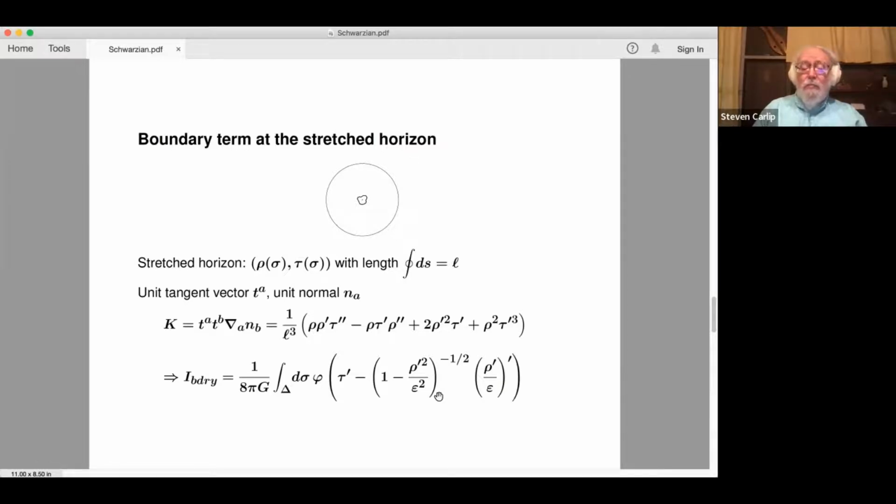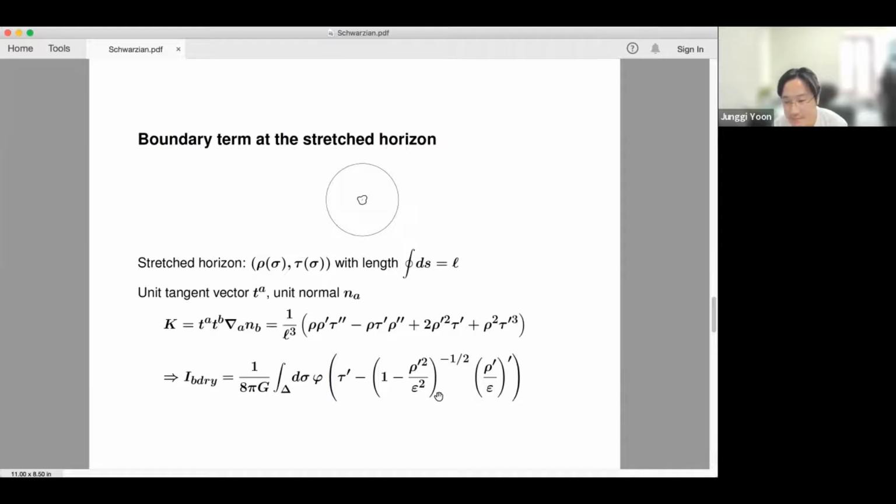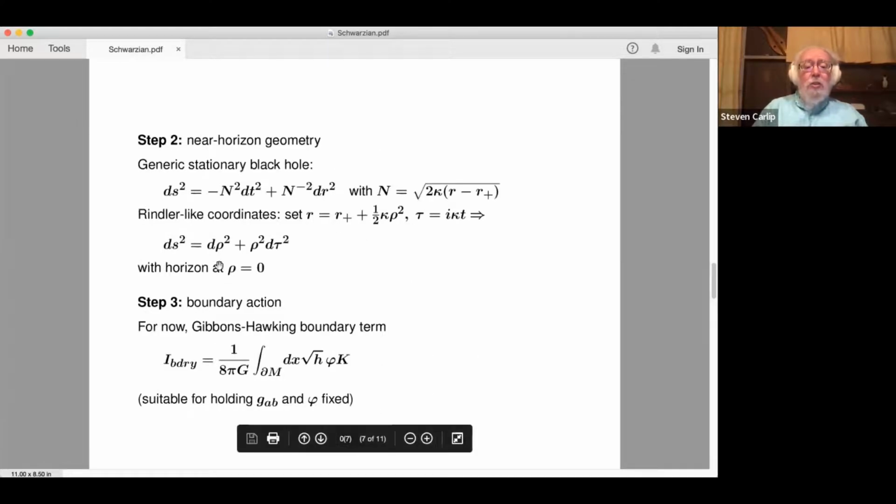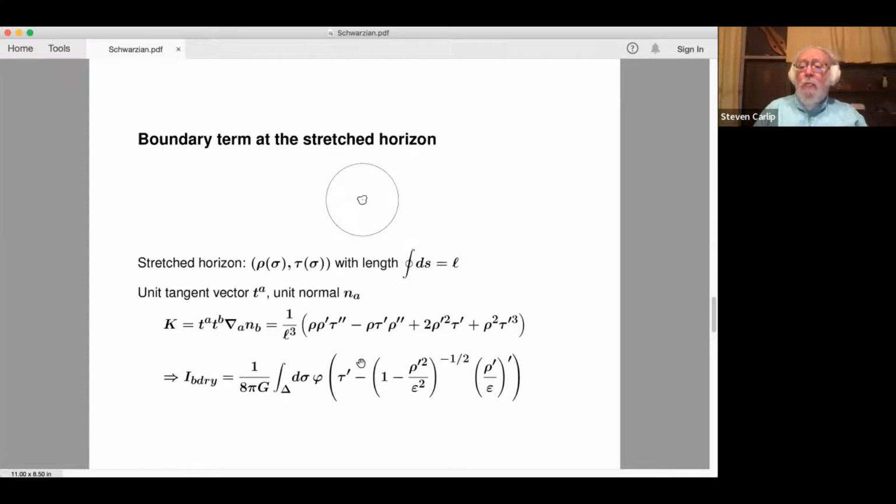Okay, thank you. So for the boundary term, there are two ways of thinking about it. One is that if you look at the behavior of the action with this flat metric and with the Gibbons-Hawking boundary term, the metric is not well defined at rho equals 0.